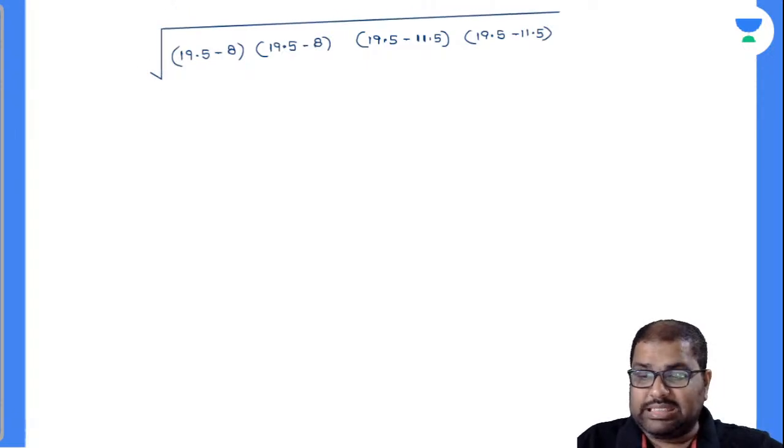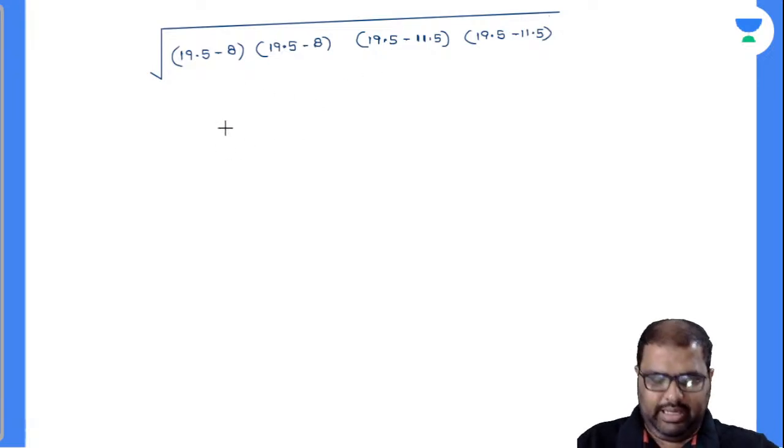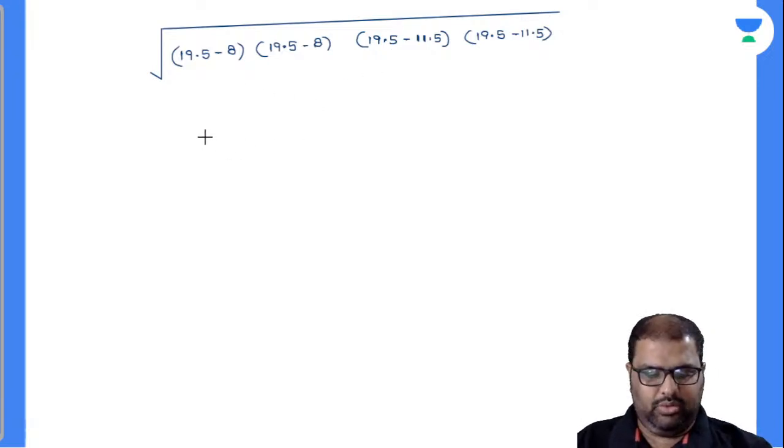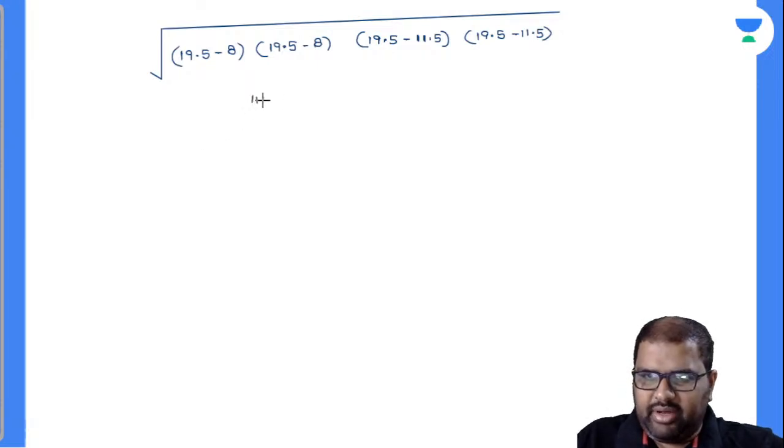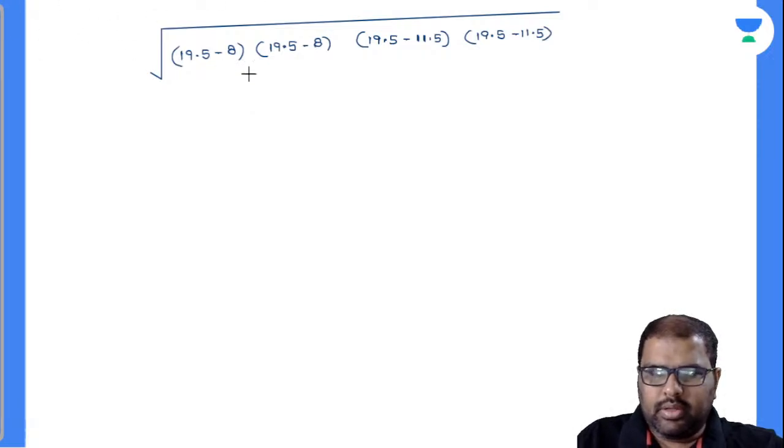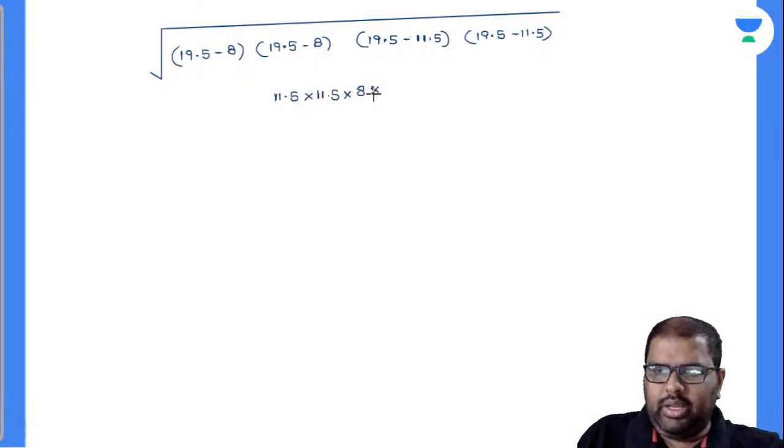Area of the cyclic quadrilateral. 19.5 minus 8 will be how much? 11.5. So 11.5 into 11.5 into 8 into 8.